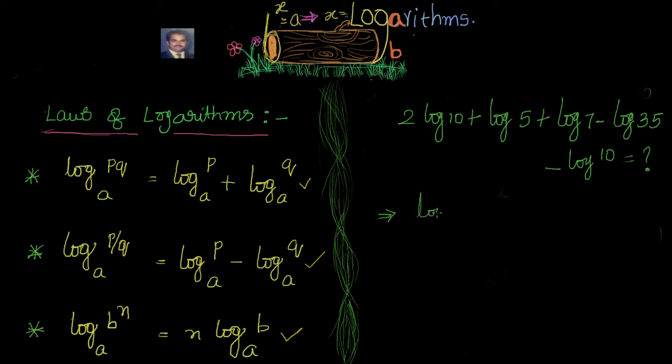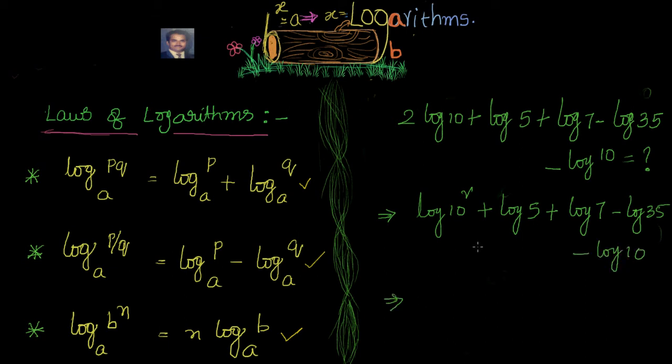So this becomes log of 10 square plus log of 5 plus log of 7 minus log of 35 minus log of 10. Okay, now this is nothing but log of p plus log of q plus log of r. That means I can make it log of pqr. So I will say log of 100 into 5 into 7 minus, what is this?